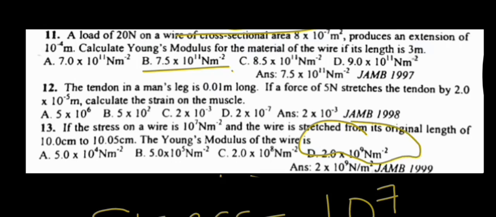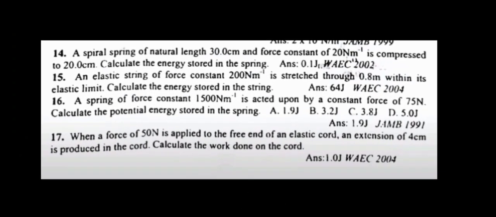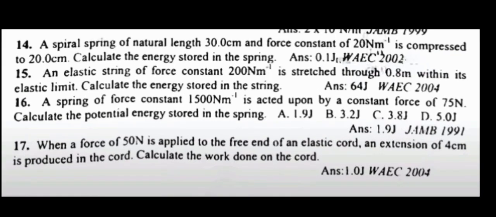Okay, so let's take the next question. For number 14, we are told that a spiral spring of natural length 30 cm and a force constant of 20 Newton per meter is compressed to 20.0 cm. To calculate the energy stored in the spring. So you can see that the natural length, which is L1, is 30 cm.